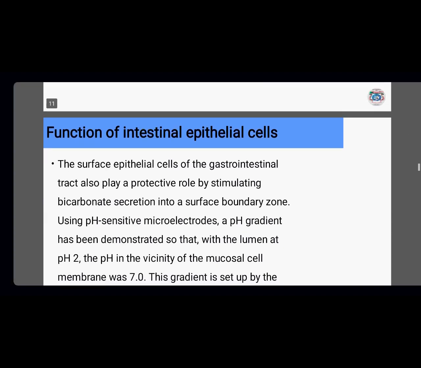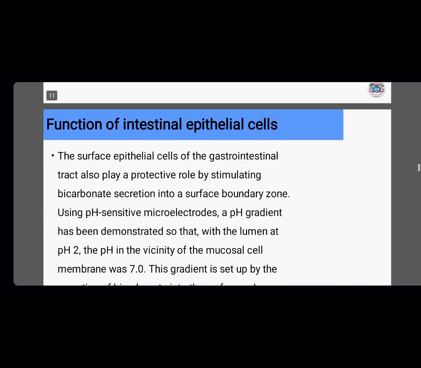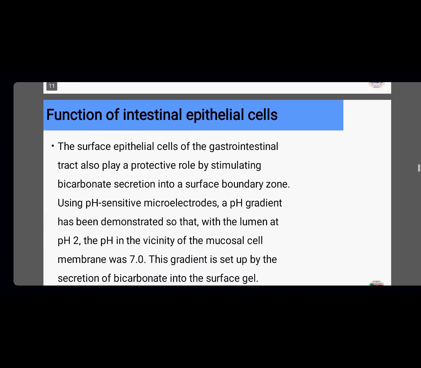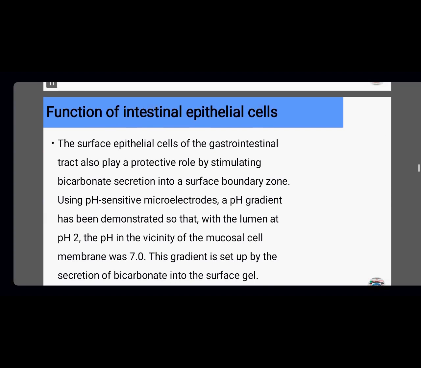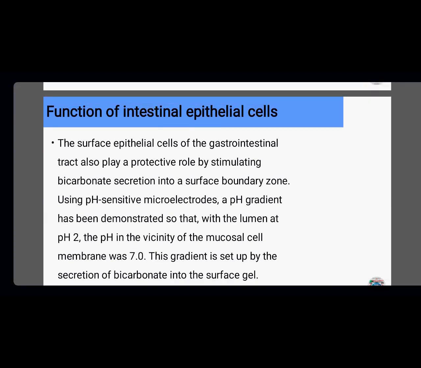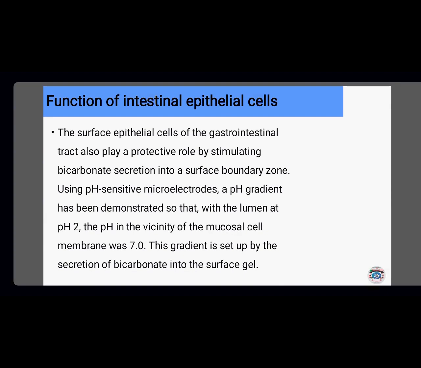As we said before, in addition to Brunner's glands in the small intestine, especially in the duodenum, we have also intestinal epithelial cells. The surface epithelial cells of the gastrointestinal tract also play a protective role by stimulating bicarbonate secretion.